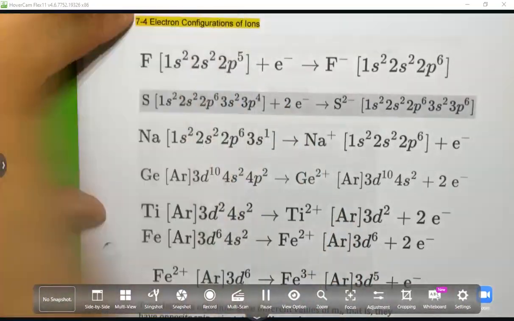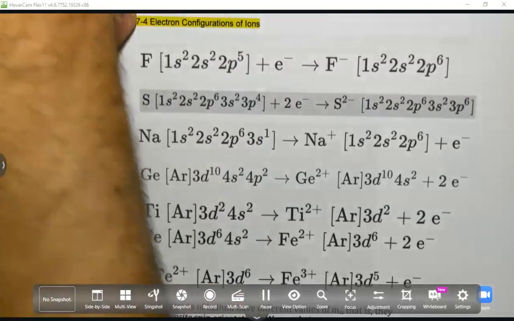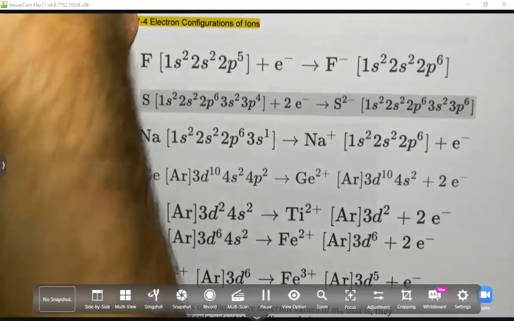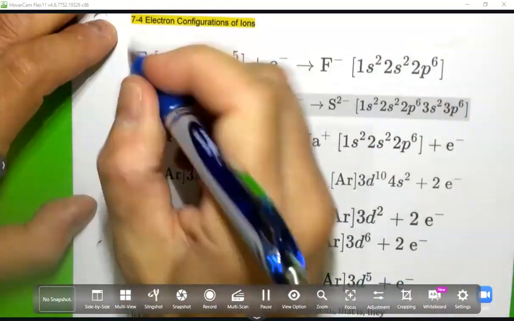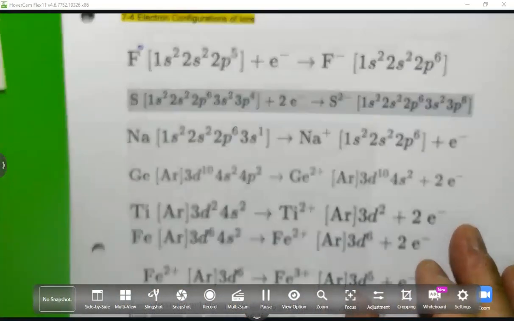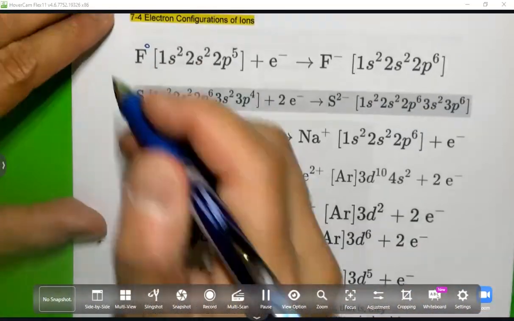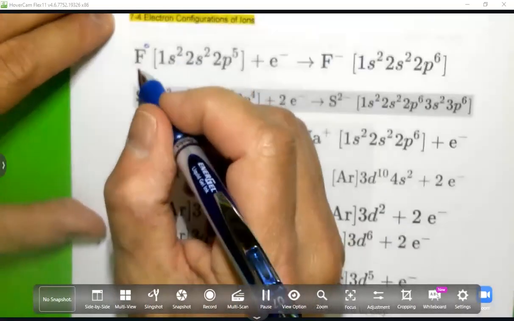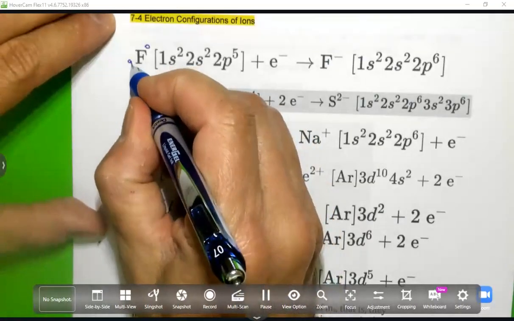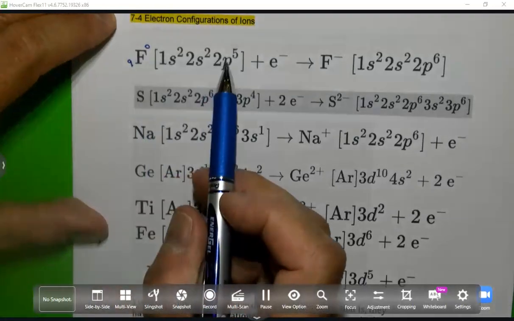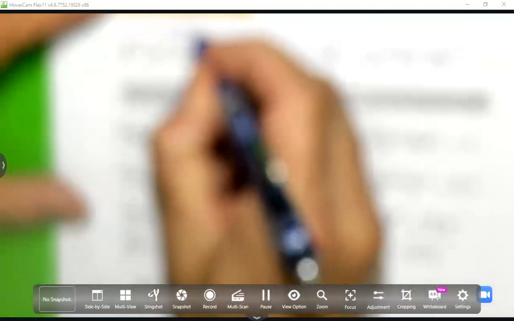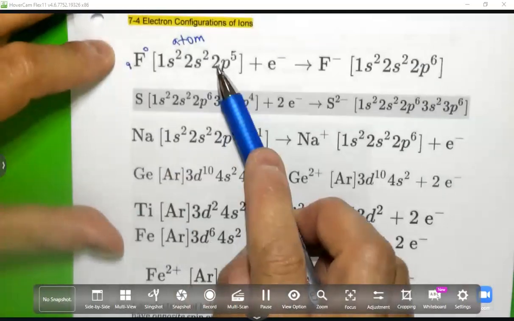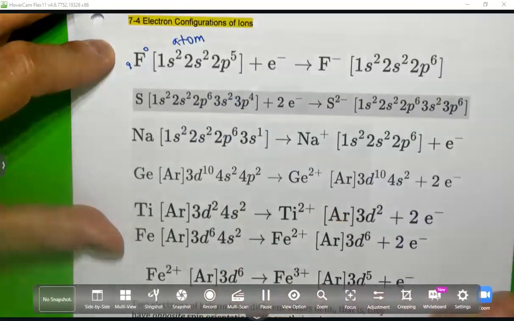This here is a neutral atom. No charge. Nine protons, 9 electrons. This is an atom. By definition, it's neutral, right? Protons equal electrons, 9 and 9.